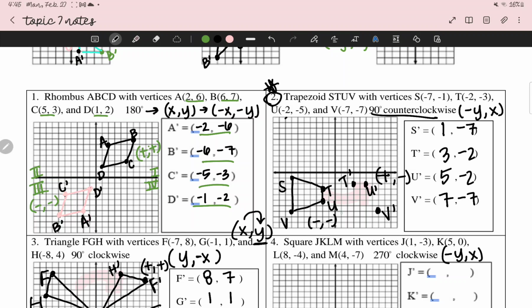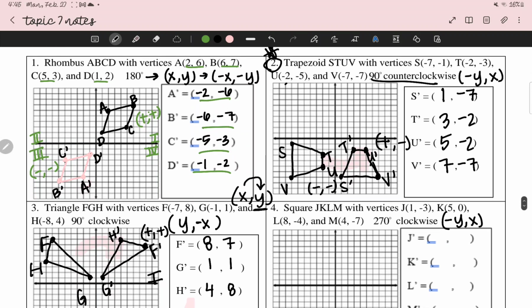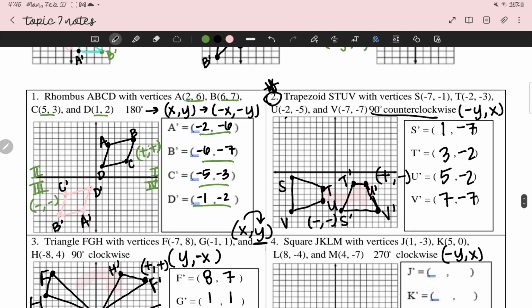And 1, negative 7 is S prime. Okay, there we go. This is where it should have been in that original one when I did it, but it was just super wrong, and I apologize for that one. Okay, there we go. So please correct your paper. All right, for number 2, correct this.